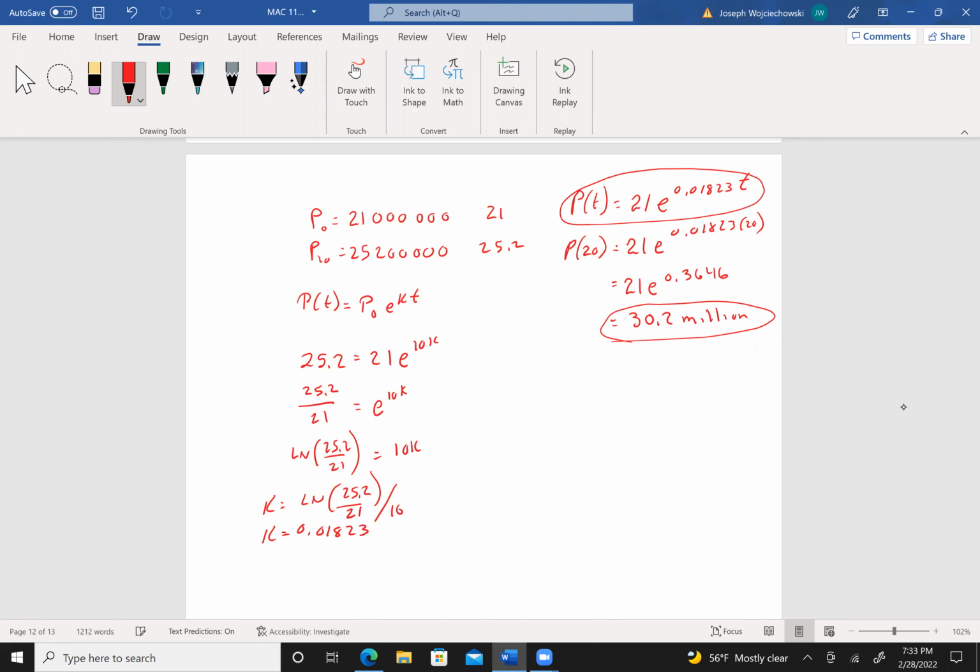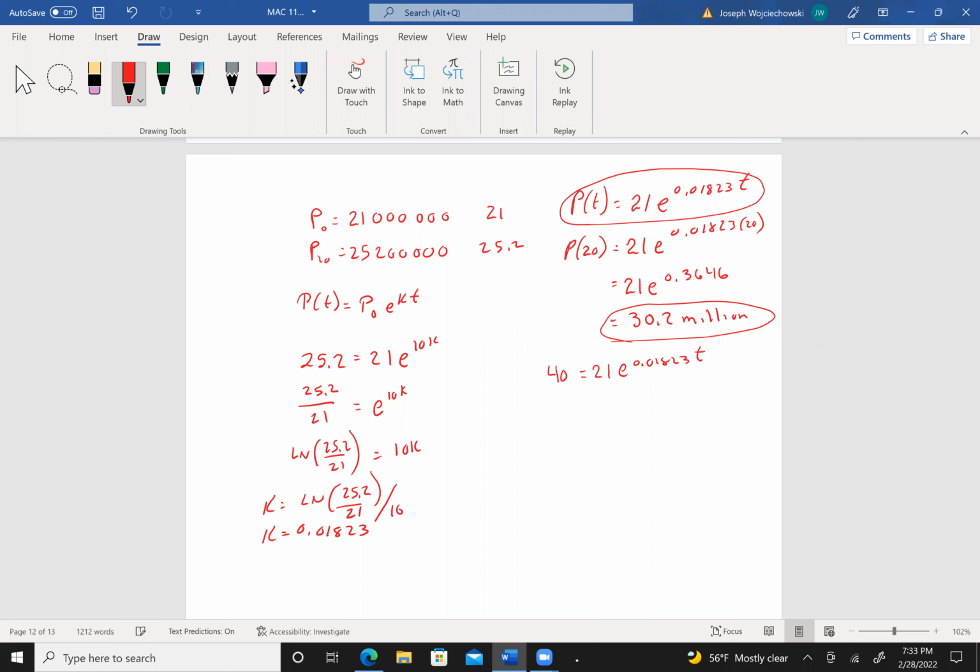There's A and B. Part C says use this function in part A to determine the year during which the population of Texas will reach 40 million if this trend continues. So now we want P of t to be 40, and we're going to solve for t. So 21 e to the 0.01823 t.